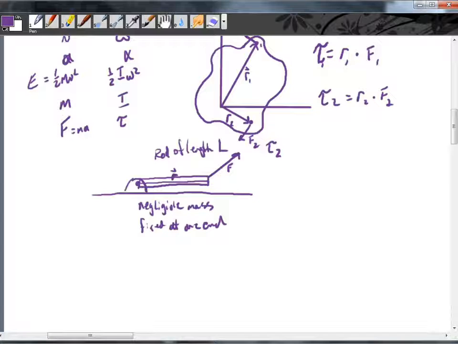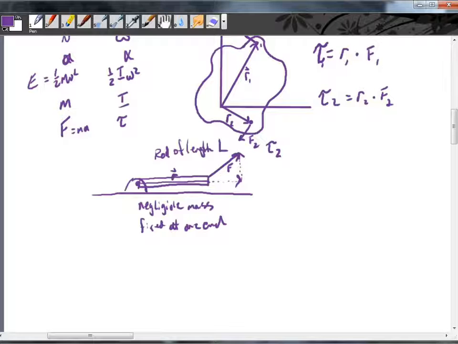Because these two are not orthogonal, we need to break the force up into its components. We're going to have a force in that direction, and a force in that direction. Only the force that is perpendicular to the radius actually applies into the torque.